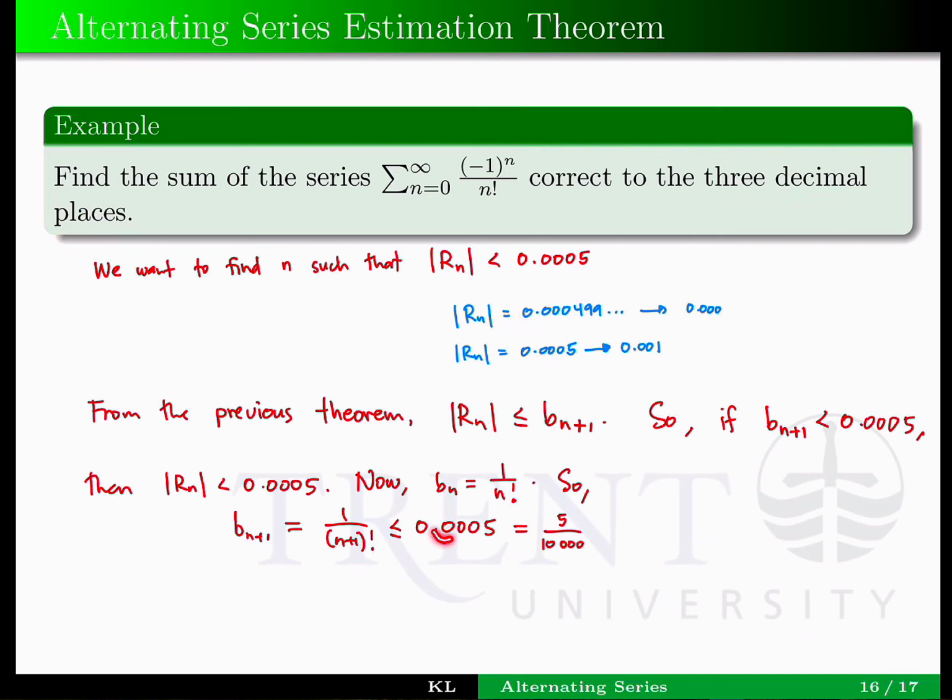Here, 1, 2, 3, 4, so you need 4 zeros. But 5 over 10,000, this is what? Let us see, this is 1 over 2,000.